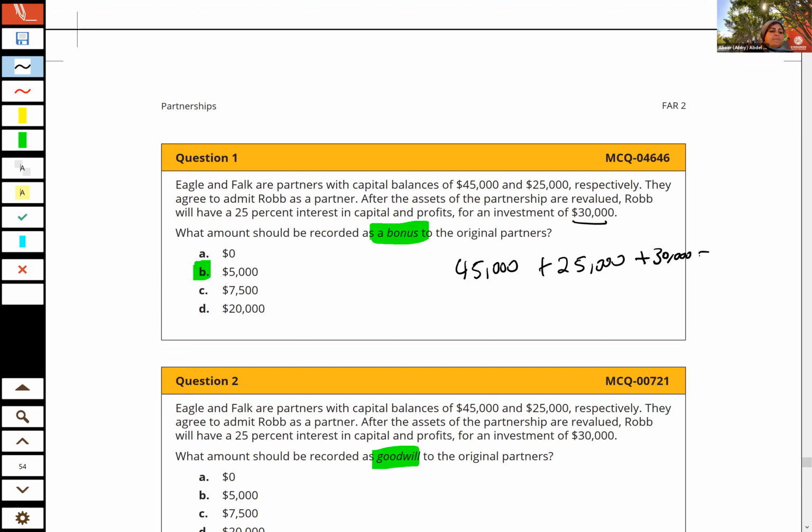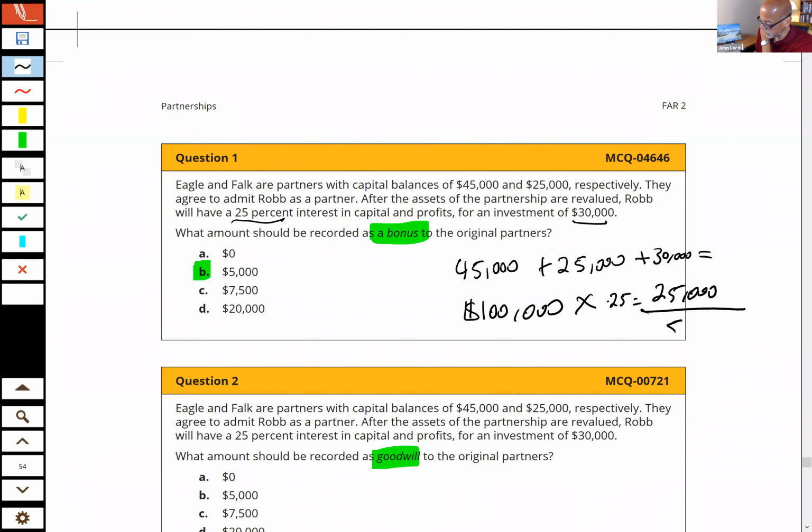30,000. There will be a resulting equity of 100,000, of which Rob is going to get what percent? 25%. So Rob's going to receive a value of 25,000 for 30,000.